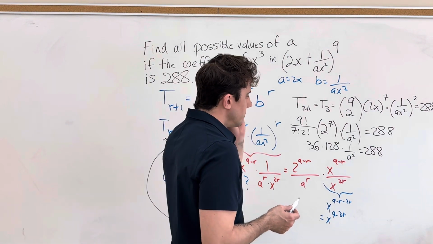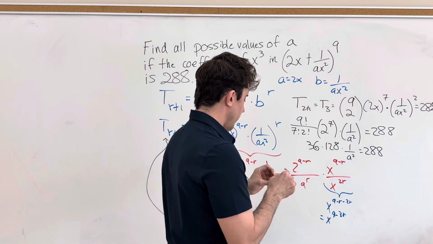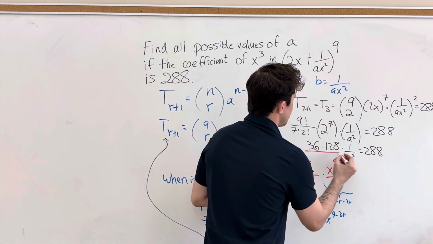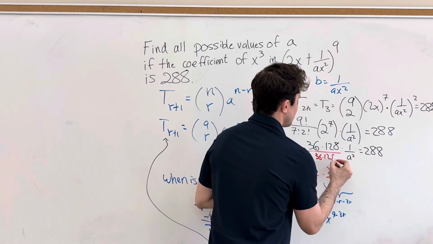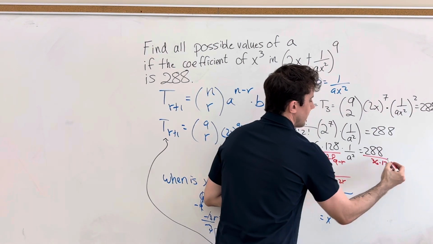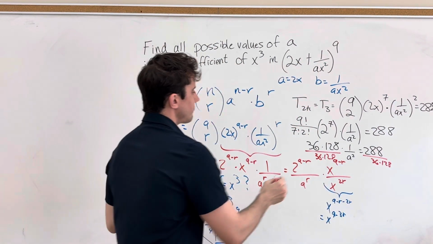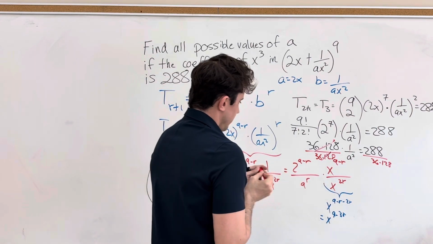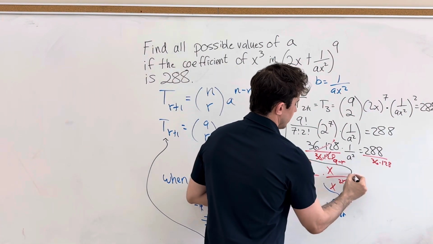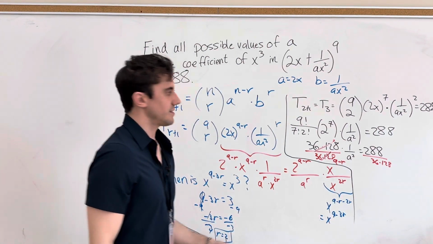Then we can divide both sides by 36 times 128. And so that will bring us to, I'm going to try to organize this solution as best as I can.